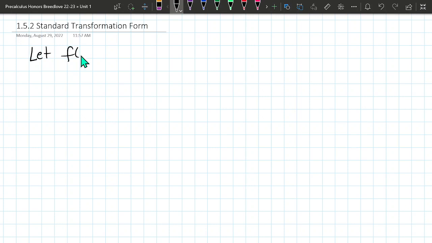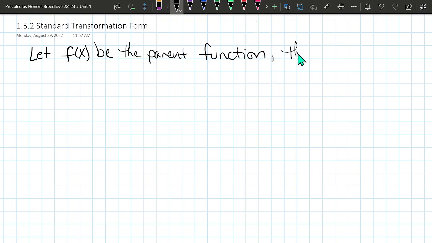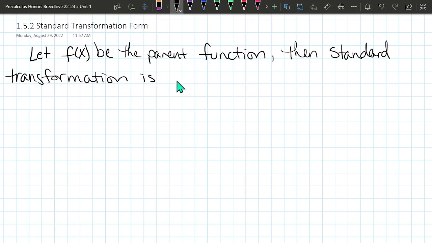Let f of x be the parent function, then standard transformation is given by g of x equals a, which I'm using a capital A. It's going to be a value.